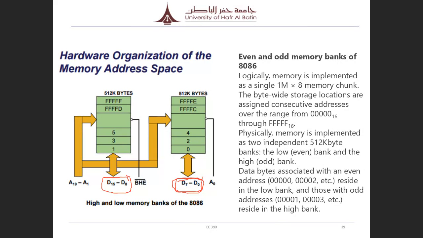So now it is clear, right? To discuss the function of bank high enable, we can draw this figure and it will be clearer how things are controlled. So bank high enable is used to activate the odd address memory bank.